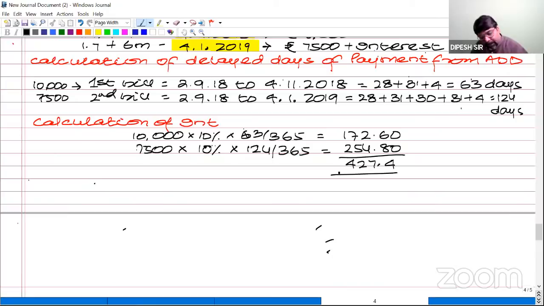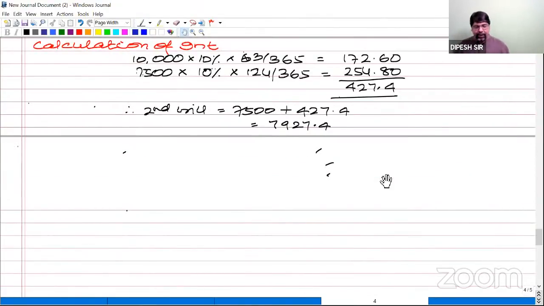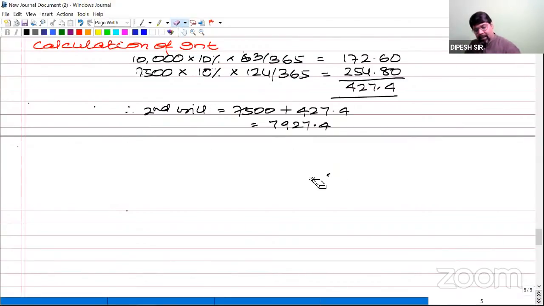So therefore, second bill is equal to 7,500 plus interest of 427.4, which is equal to 7,927.4. Am I clear? Now chartered, this is how you calculate average due date. Now chartered, in case of average due date, you can calculate interest on loan also.